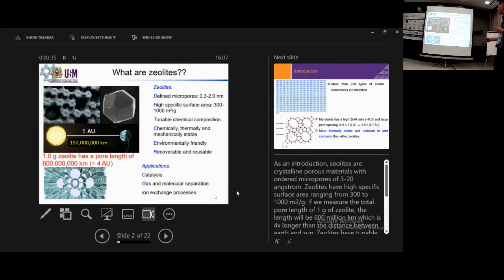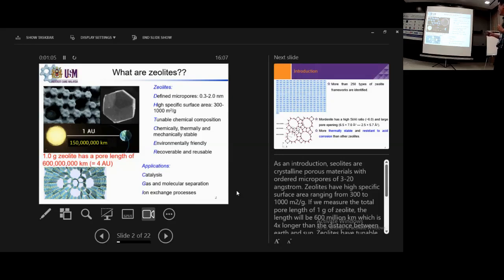If we measure the total pore length of 1 gram of zeolite, you will have a distance of about 600 million kilometers, which is equivalent to 4 astronomical units. The distance between the sun and our Earth is equivalent to 1 astronomical unit, so it is 4 times longer than this distance.